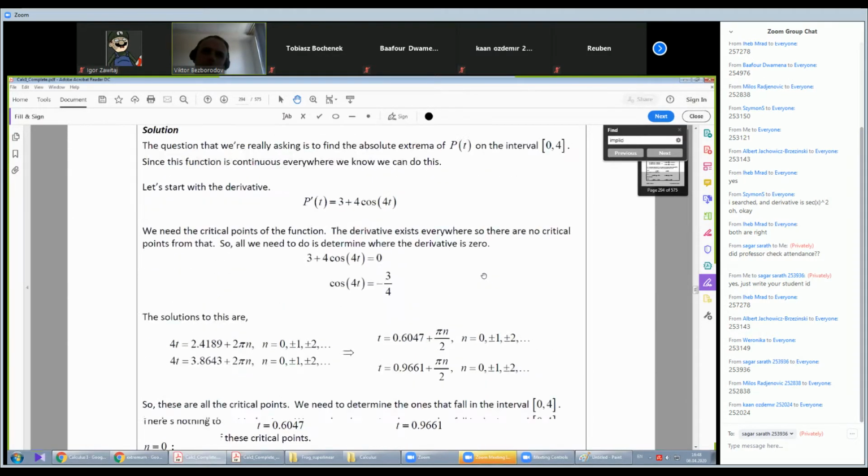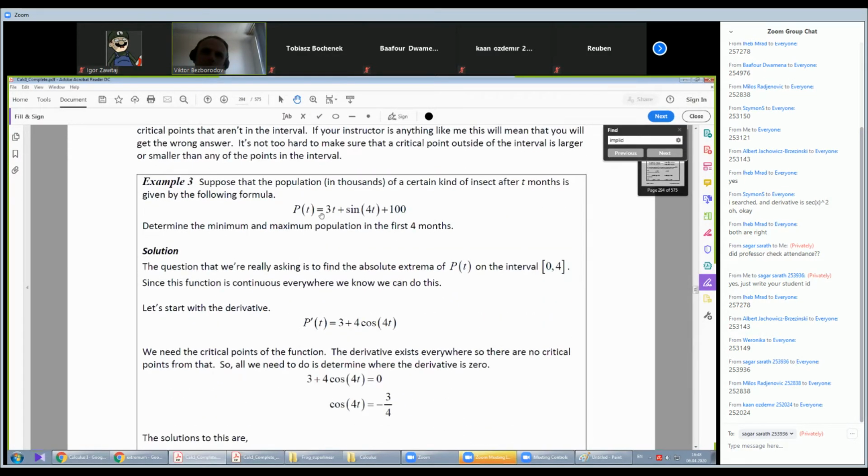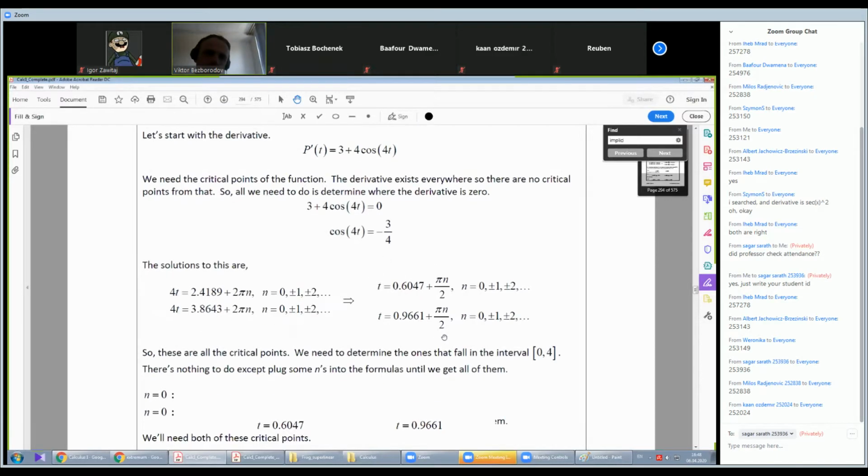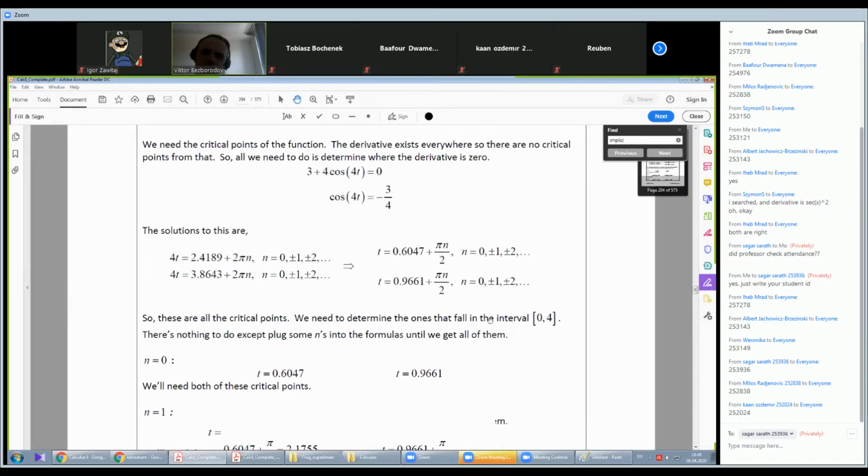Now your interval is 0, 4, right? So you have to check which values here belong to this interval 0, 4. Then they just plug in.